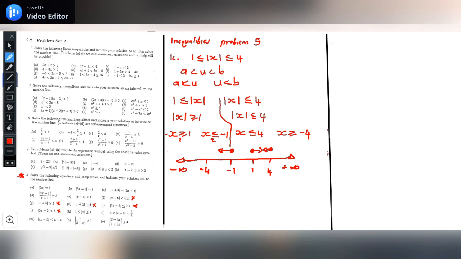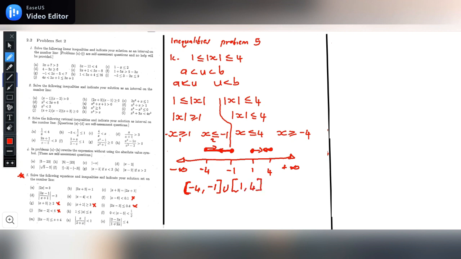Therefore, x is greater than or equal to negative 4. Where is it? Here it is. It's greater than, which means it has to go to this side. Can you see also that it's clashing with this one? So meaning we have a closed interval from negative 4 to negative 1, union closed interval from 1 to 4.